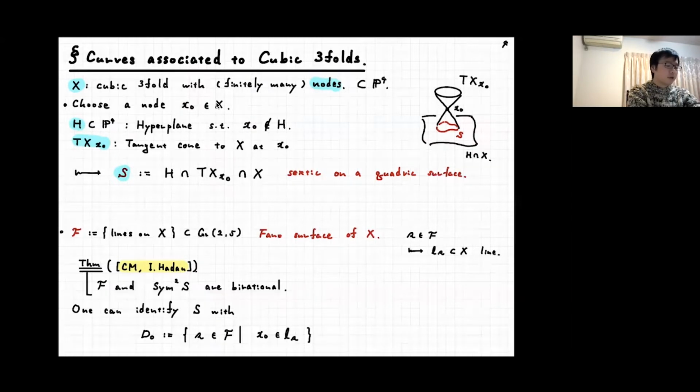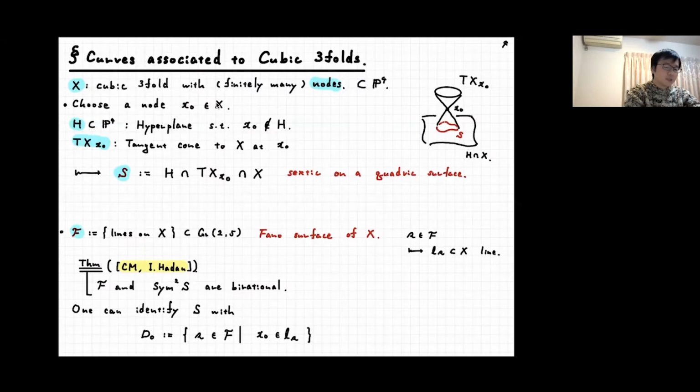But on the other hand, we can also consider the Fano variety, or I should say the Fano surface of X. It is the variety of all lines on X, inside the Grassmannian.